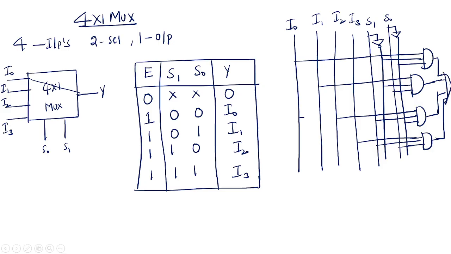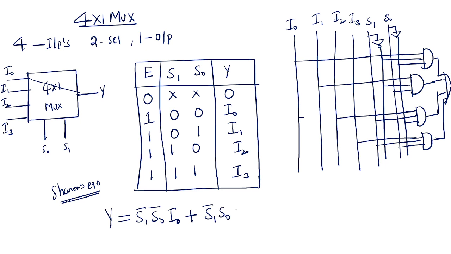Why? Because here, if you see, Y equals, Shannon's equation. When it is 0, 0 means what? S1 bar, S0 bar, I0, plus S1 bar, S0 into I1, plus S1, S0 bar into I2, plus S1, S0 and I3.